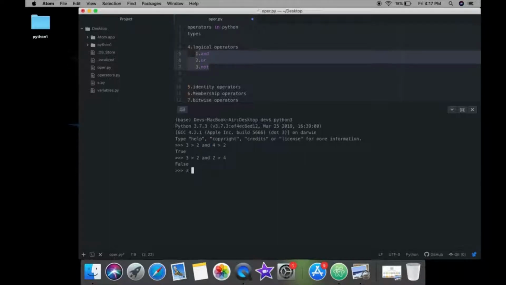And if we have something like 3 greater than 2 and 4 greater than 2 and 2 greater than 1, then you will also get true. So AND just concatenates the conditions, adding conditions that all must be true.